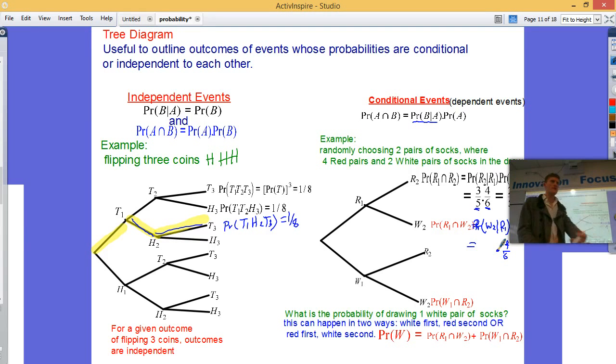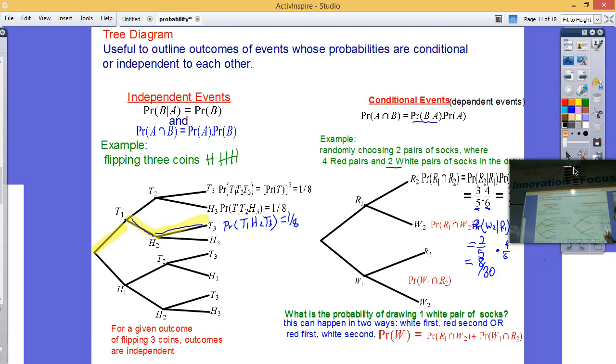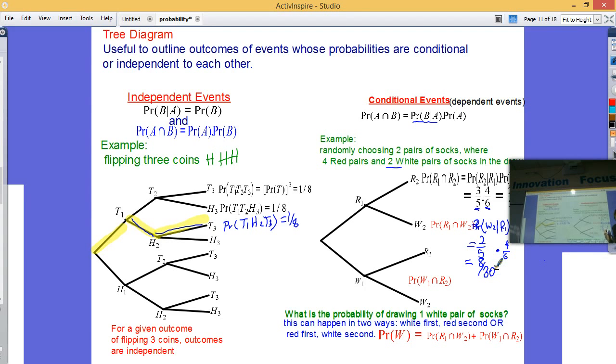But then having red 1 drawn out, I've got now 5 socks left in the drawer. How many of them are white? I've still got my full 2 white socks. So it's 2 out of 5 left. And that gives us a result of 8 out of 30. And that simplifies nicely, being 4 out of 15.